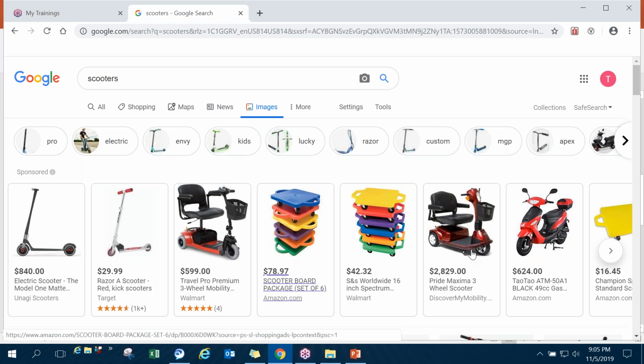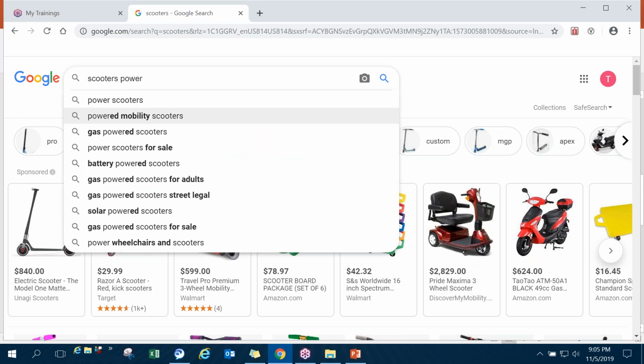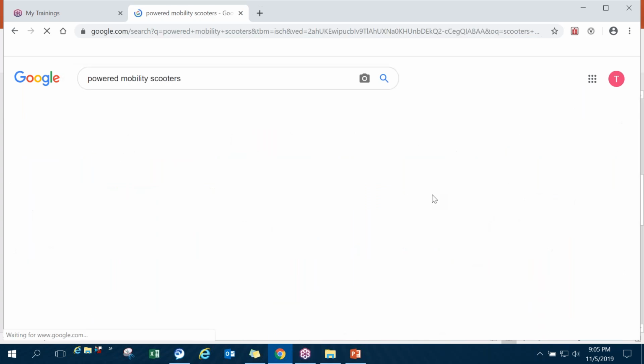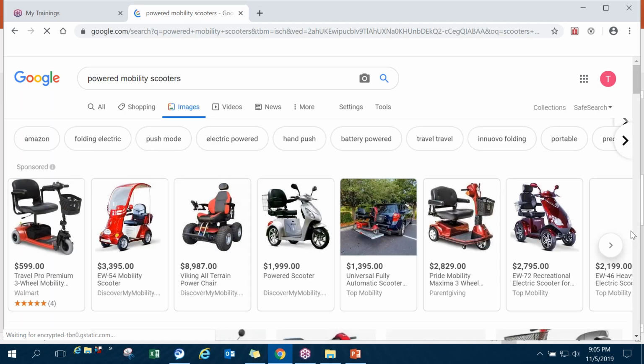I got everything. Power mobility scooters. This is what I was looking at. You got some scooters out there that are pretty darn creative, but obviously this is not going to be covered under most insurance companies.